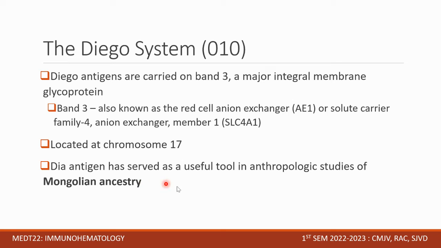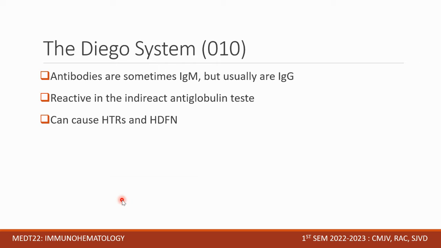So Dia antigen has served as a useful tool in anthropological studies of Mongolian ancestry. Okay. So, antibodies are sometimes IgM, but usually are IgG. So, reactive siya in indirect antiglobulin test and can cause HTRs and HDFN.